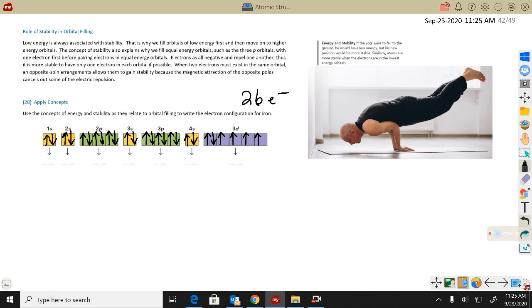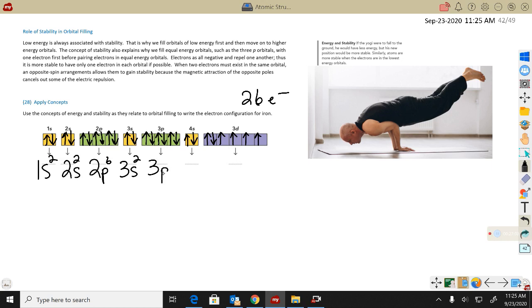When they ask for the electron configuration, then we can just take these symbols in another shorthand way. 1s, there are 2 electrons. 2s, there are 2. Then the 2p, there's a total of 6 electrons. Then I had the 3s for 2.